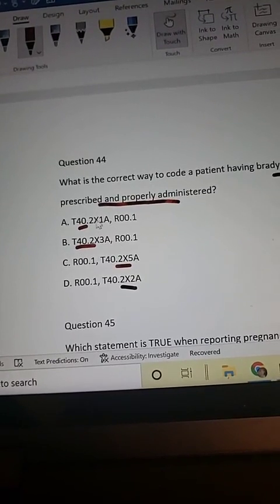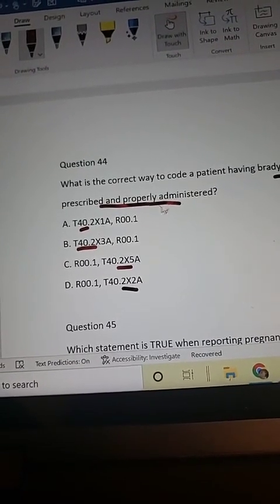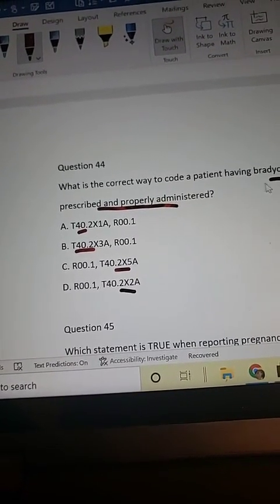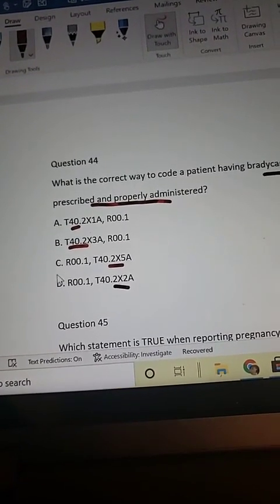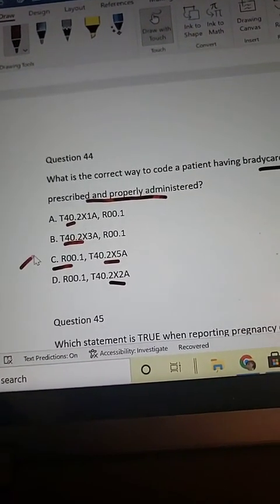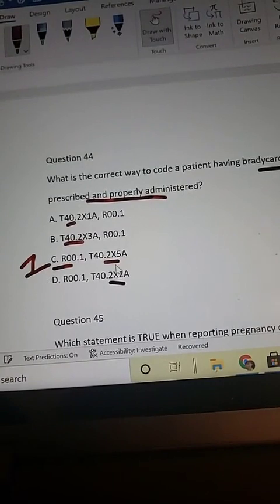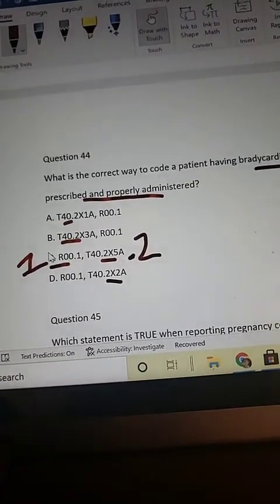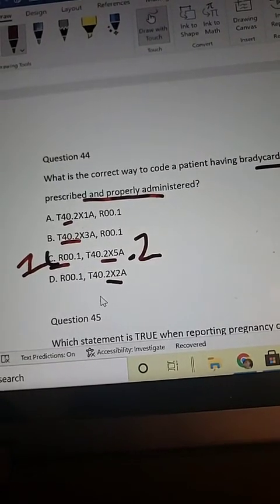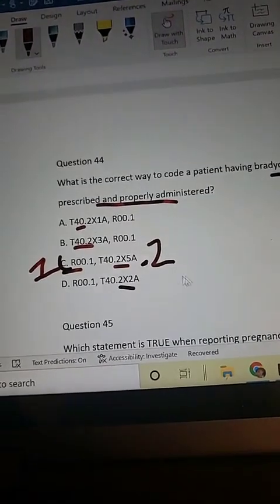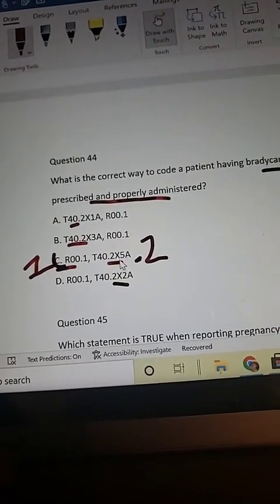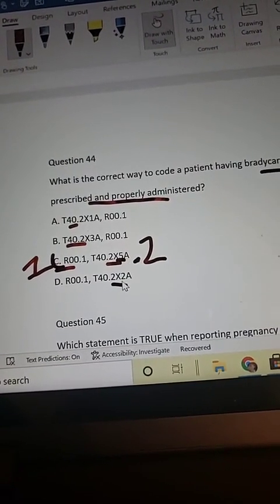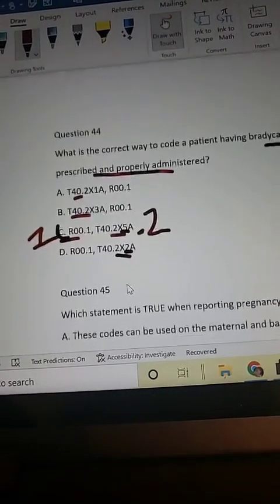But because this was prescribed and given and administered properly, then they had a reaction to it, you're going to note the reaction first, and then you're going to do the medication second. So, C's your answer again on this one. The 5 is the difference between the medications, Demerol versus something else.